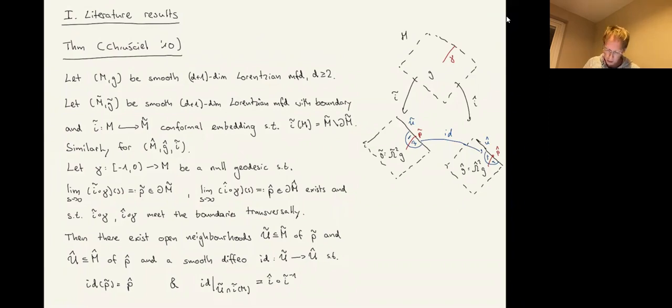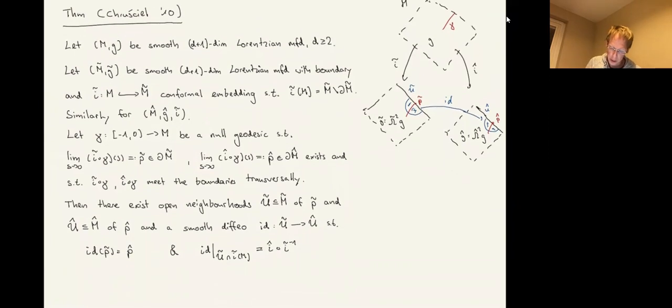What is important here, the reason that we have to restrict to dimensions d bigger than or equal to 2, is that the statement of this theorem is just false for d equals 1 for conformal embeddings. You can find counterexamples of conformal boundary extensions which don't have the same smooth structure in 1 plus 1 dimensions.